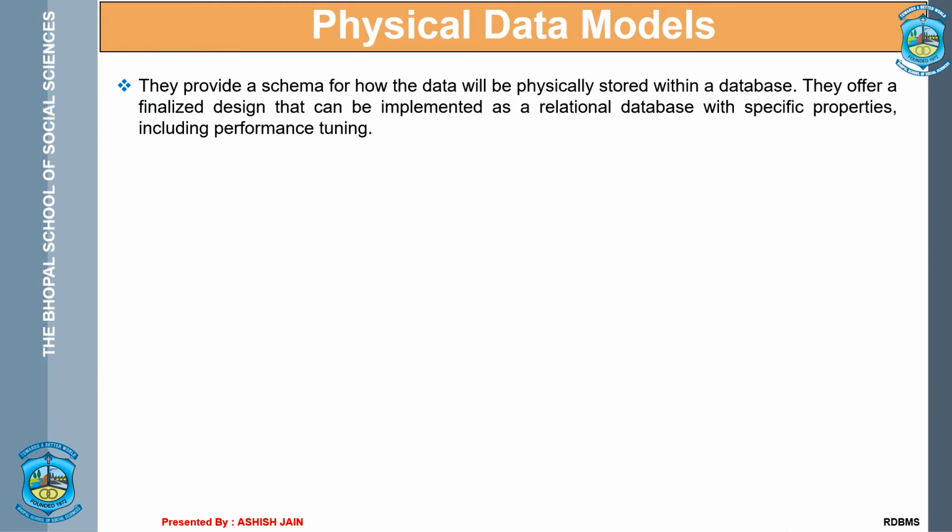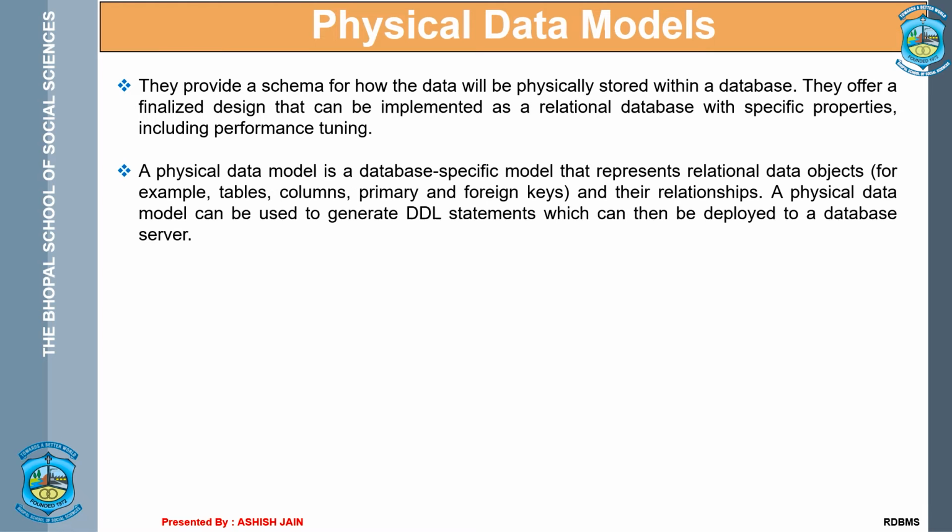Now we come to the physical data model. It provides a schema, meaning a design, for how the data will be physically stored within a database. It offers a finalized design that can be implemented as a relational database with specific properties, including performance tuning and all. And we can have different representations here. We can represent relational data objects like tables, columns, primary and foreign keys, etc. Also their relationships.